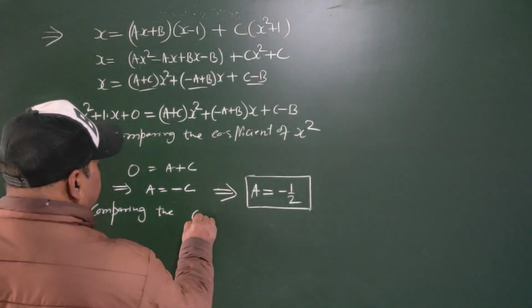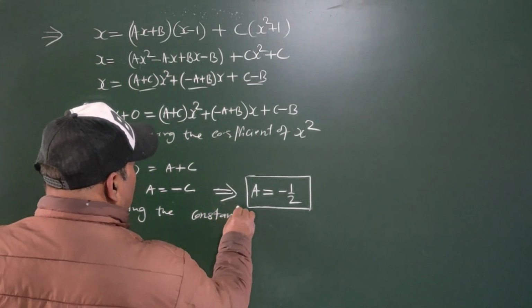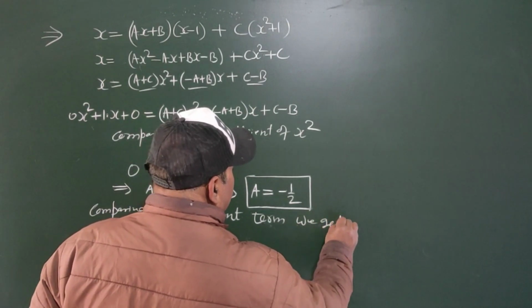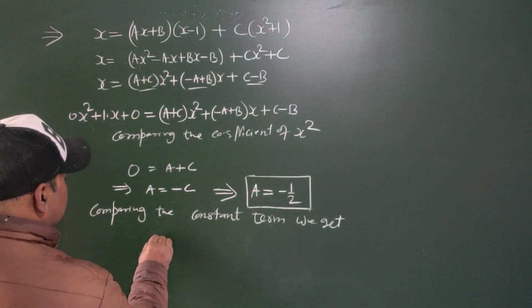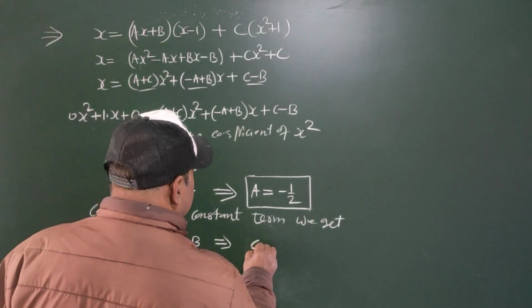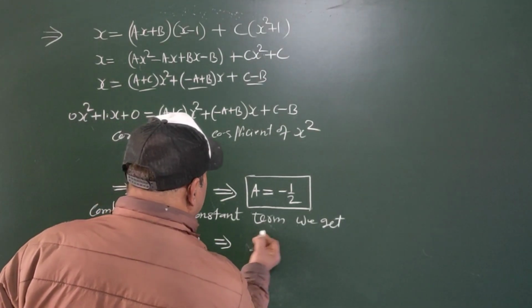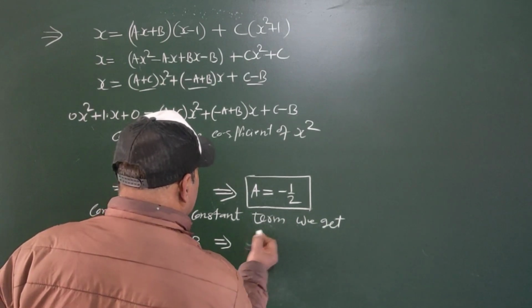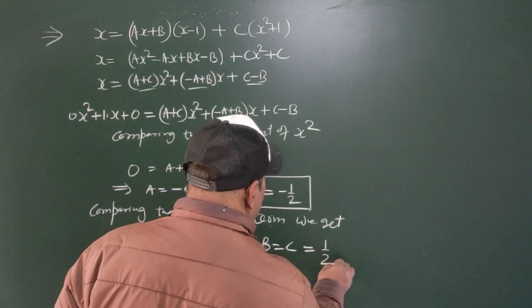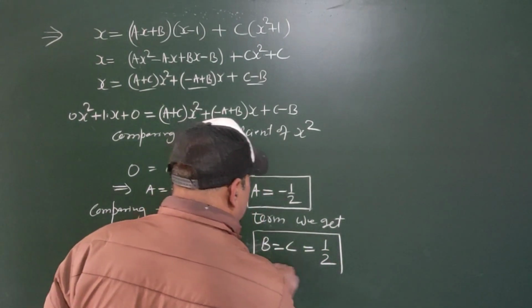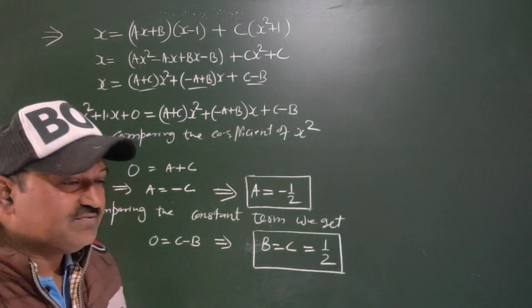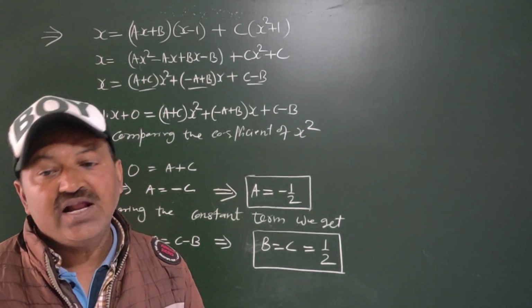Comparing the constant terms, we get 0 is equal to c minus b. This implies b is equal to c, that is equal to 1 by 2. Hence, the value of a is minus 1 by 2, the value of b is 1 by 2 and the value of c is also 1 by 2.